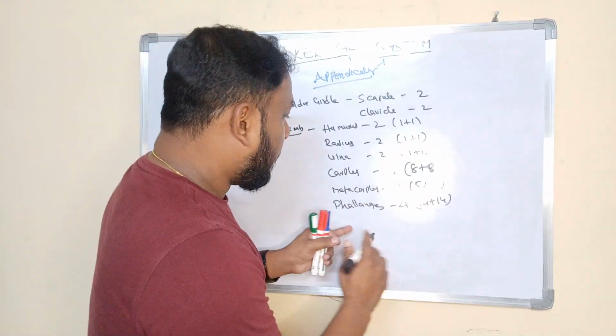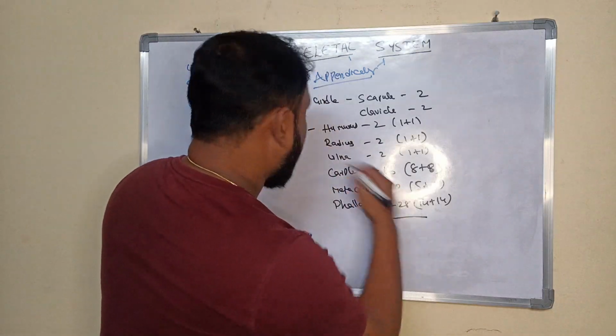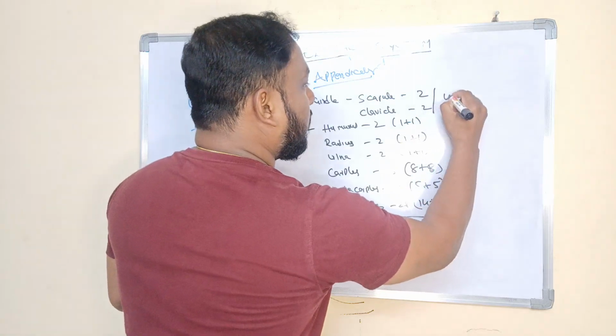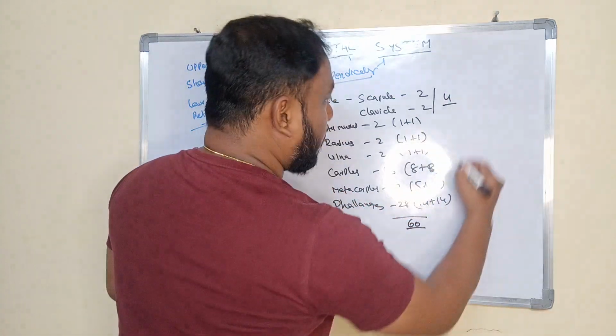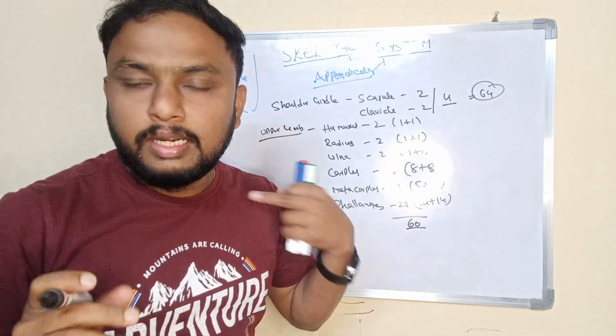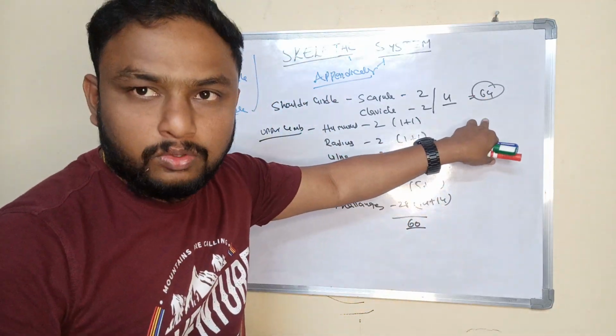So this upper limb will have a total of 60 and shoulder girdle will have a total of 4, equal to 64. Upper limb and shoulder girdle bones are total 64.